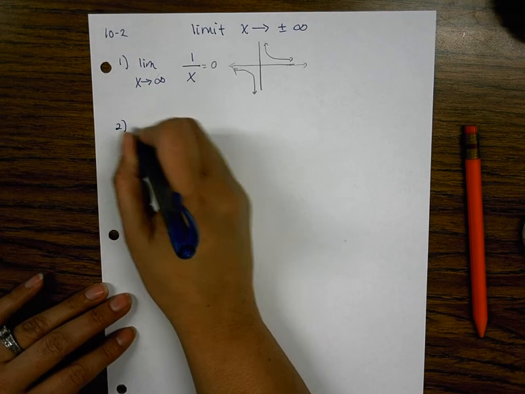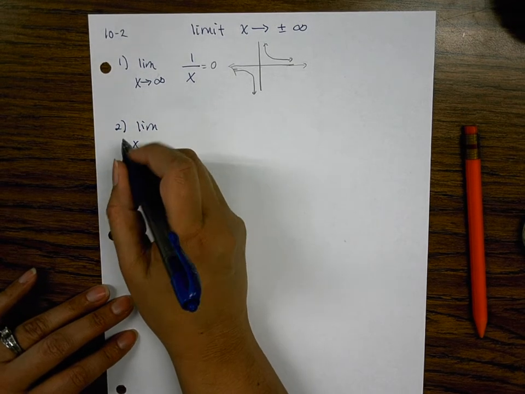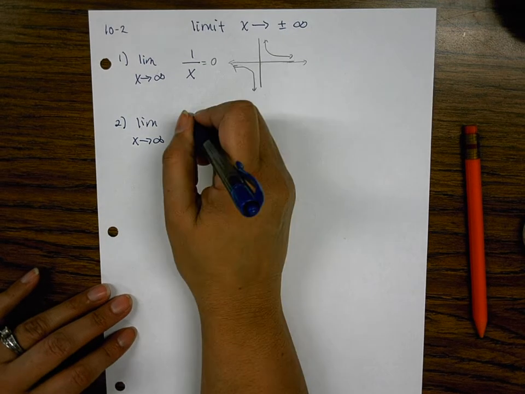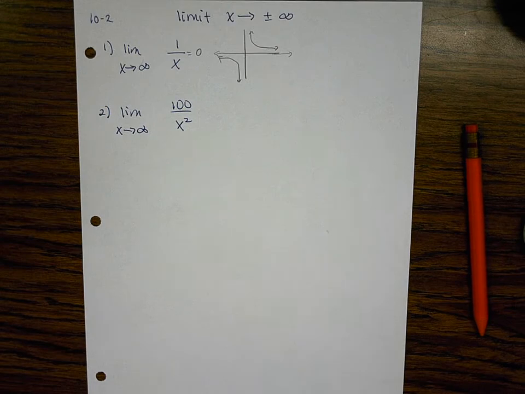Number 2, the limit as x approaches infinity of 100 divided by x squared. And I'm going to ask that you give me a second.